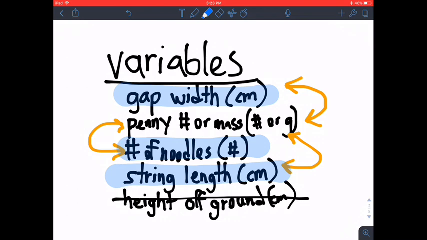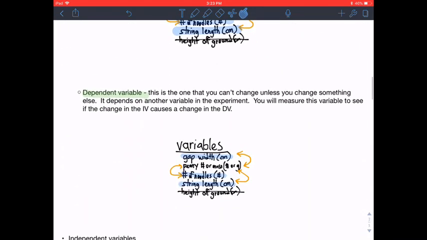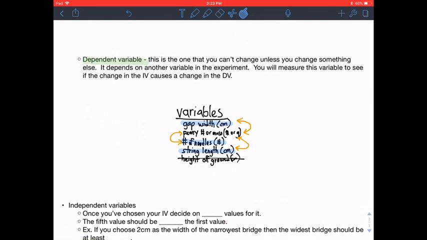But you see that the strength of the bridge is not something I directly control. It depends on something else. So therefore, the number of pennies, or the strength of the bridge, is a dependent variable. This is the one you can't change unless you change something else. It depends on another variable in the experiment.